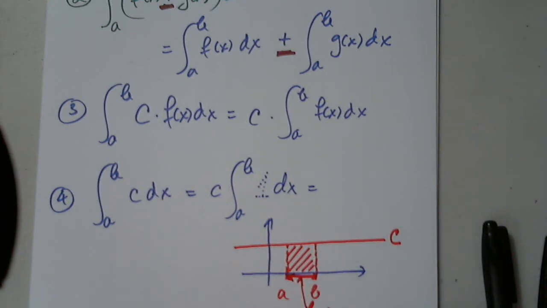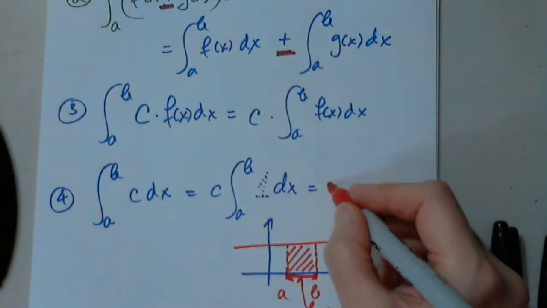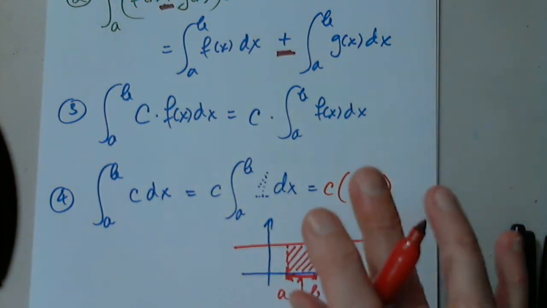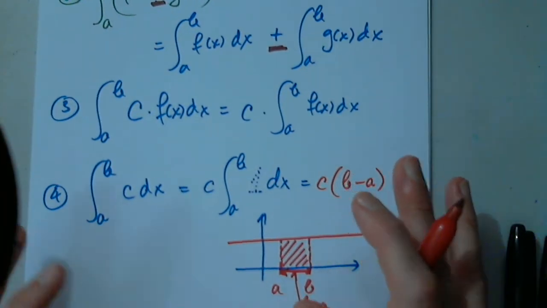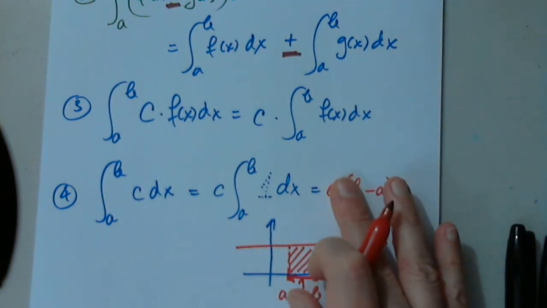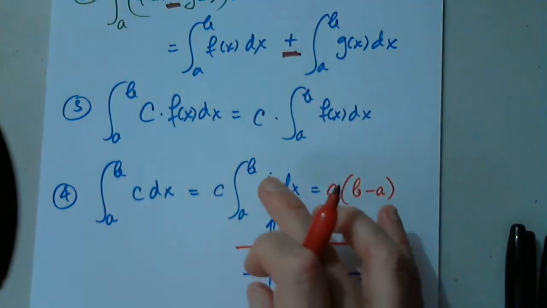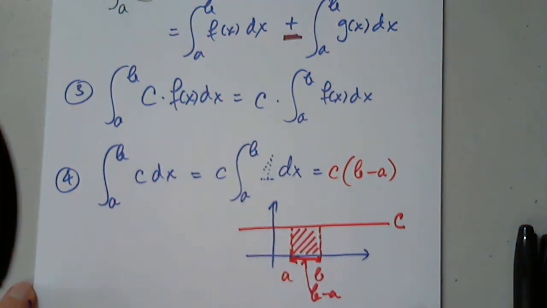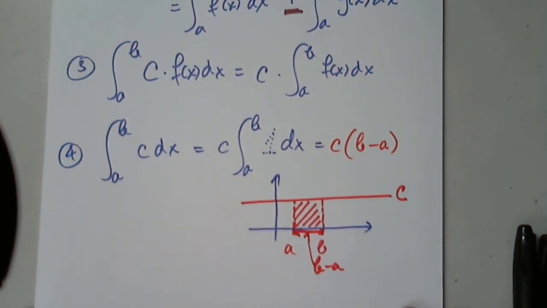Height times b minus a. Correct. Very good. C times b minus a. Or another way, which we will learn today, is x from a to b times c. But let's leave that for maybe half an hour from now.